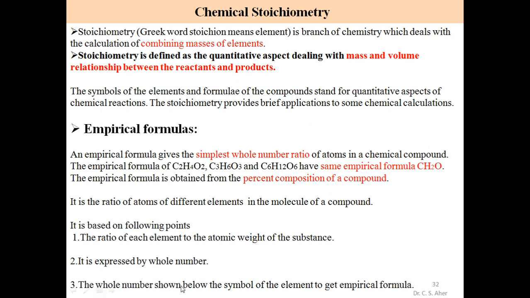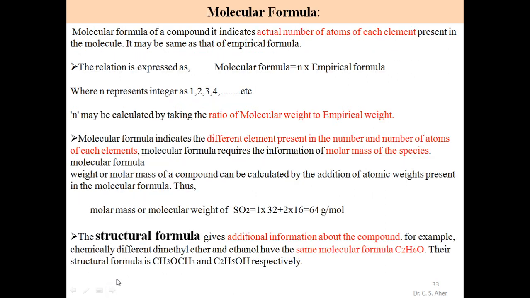The whole number is written below the symbol of the element to get the empirical formula. So this is carbon having 1, which is not shown. Hydrogen having 2, oxygen having 1, and 1 is not shown. So these are the numbers, and we know the empirical formula.